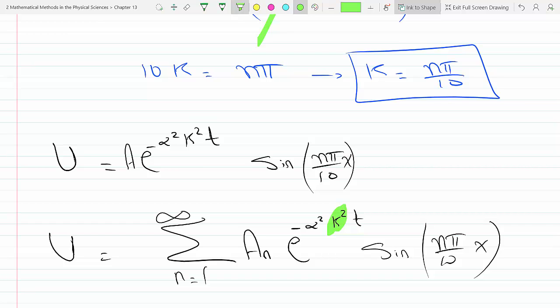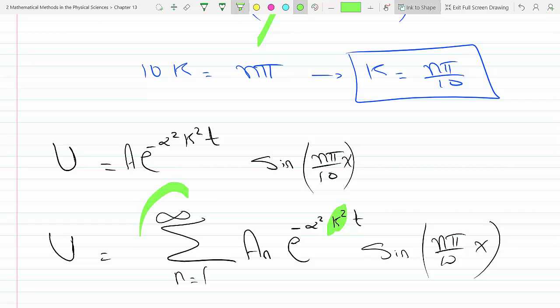Because it's a superposition, yeah? If I have a solution for n equal 1 and a solution for n equal 2 and a solution for n equal 3, as long as the heat flow equation forms a complete set of solutions, which it does, the general solution would be the sum of these individual solutions.